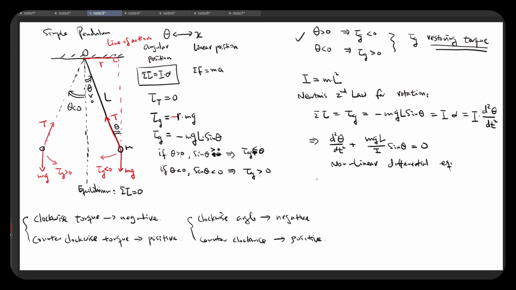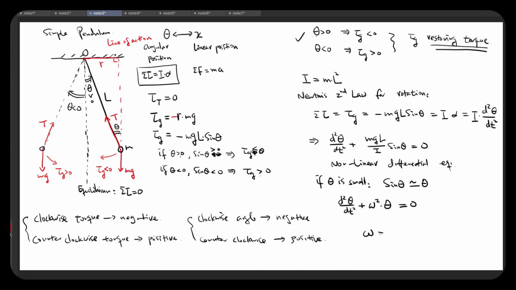So now let's say the theta angle is small. Think about what will happen here. For sine theta, we can do a Taylor expansion around the theta equals 0 point. And there we have sine theta equals theta for the first linear term. If we do that replacement, then we get second derivative of theta plus omega squared times theta equals 0.